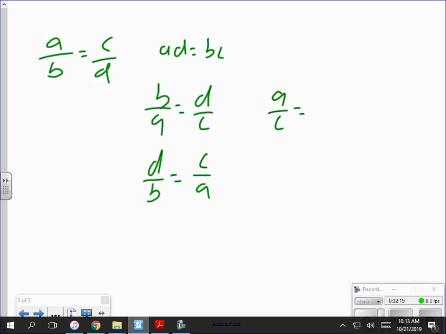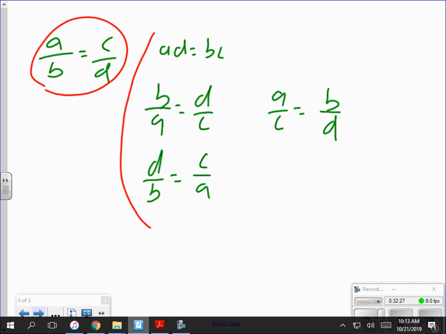A over C is equal to B over D. If you're given this, all of those are true. It's extremely useful for solving problems because you don't always want to cross multiply. Sometimes just flipping them over will actually be the easiest thing to do. Okay, it's an extremely useful tool for solving some very difficult problems sometimes, and being able to use those, remembering those. Okay.